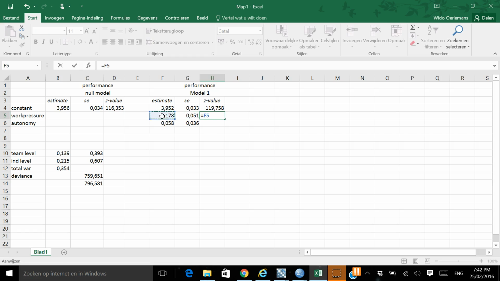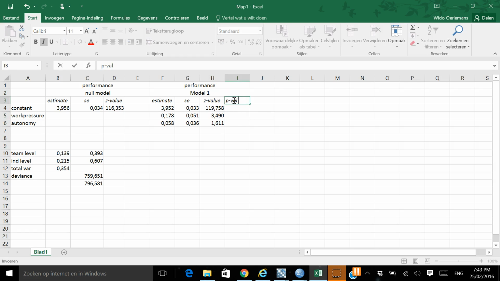Of course, we can just divide the unstandardized estimate by the standard error, and we get the Z value or the T value. And this is actually higher than 1.96. So we have a significant effect of work pressure. This is lower, so we do not have a significant effect of autonomy.